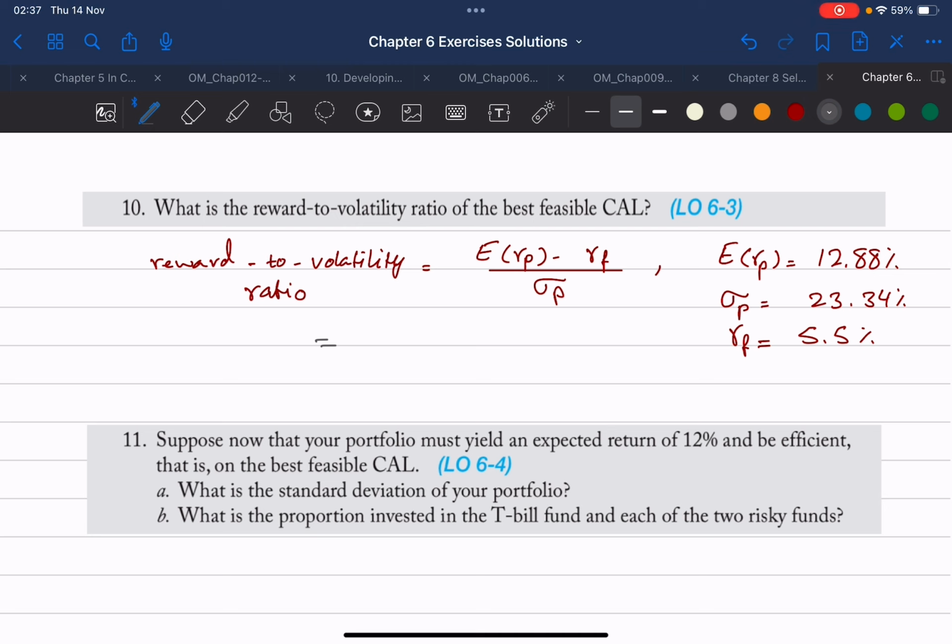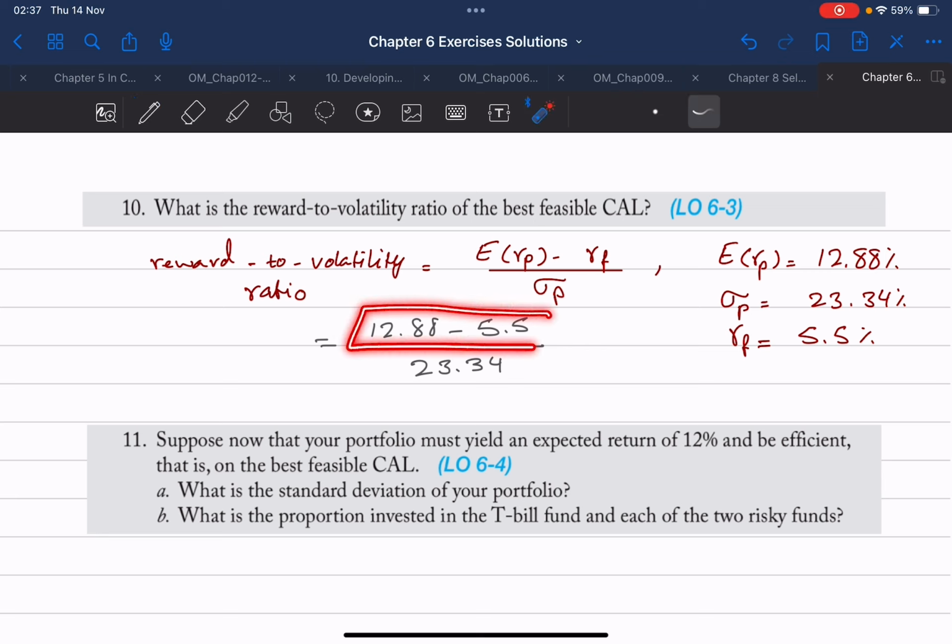Okay, so knowing these inputs, you can simply substitute in your formula, or find out your Sharpe ratio. So here we'll have 12.88 minus 5.5% over 23.34. Okay. Now, make sure that if you use decimal format, you should use decimal format for both the numerator and the denominator. And if you use percentage format, you should stick to that throughout your substitution.